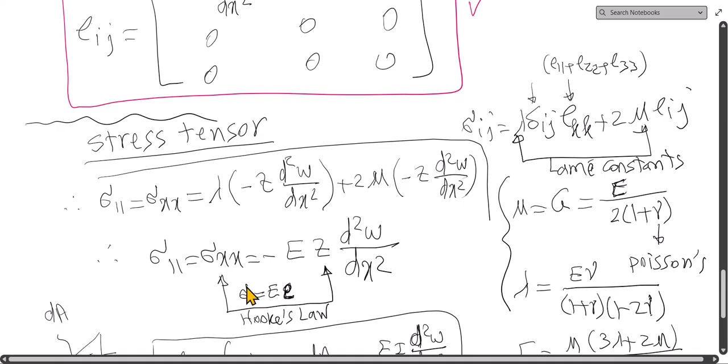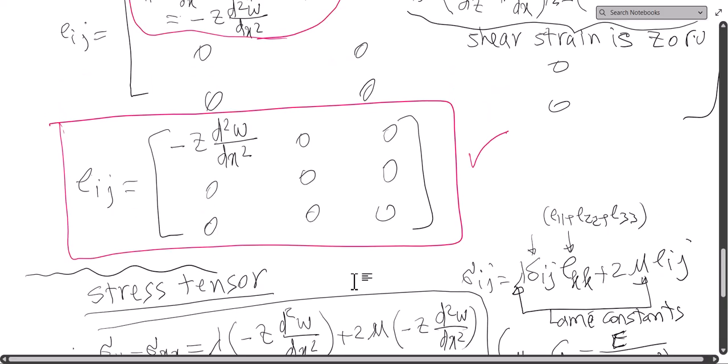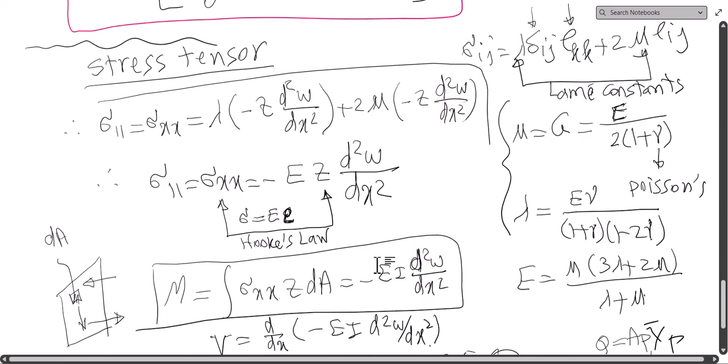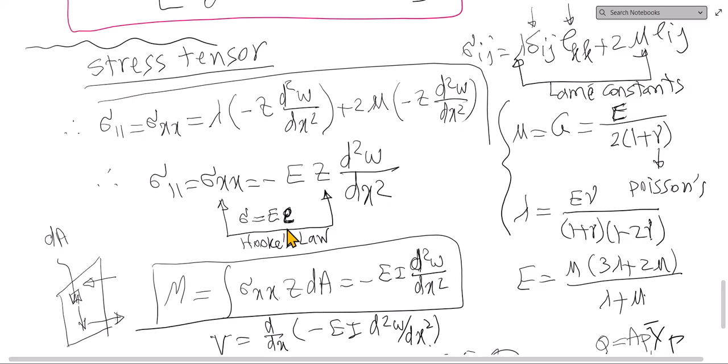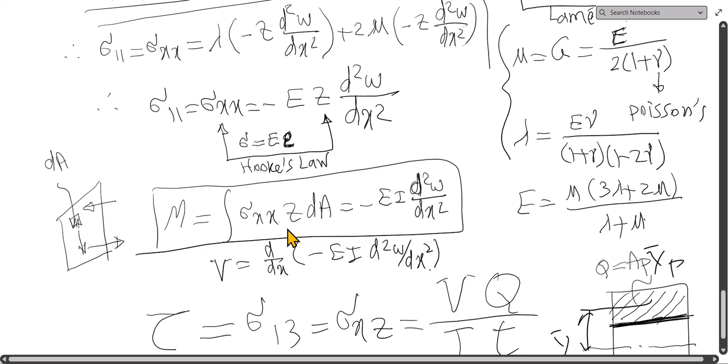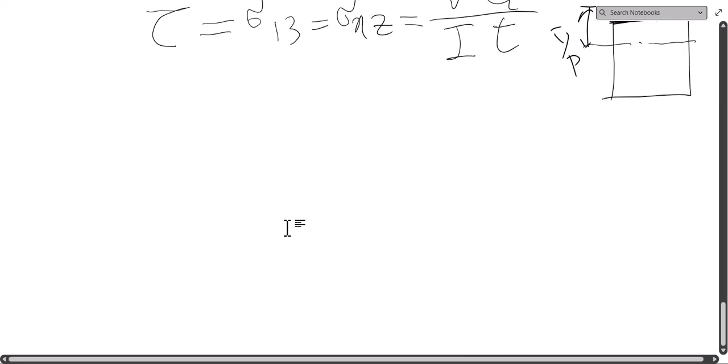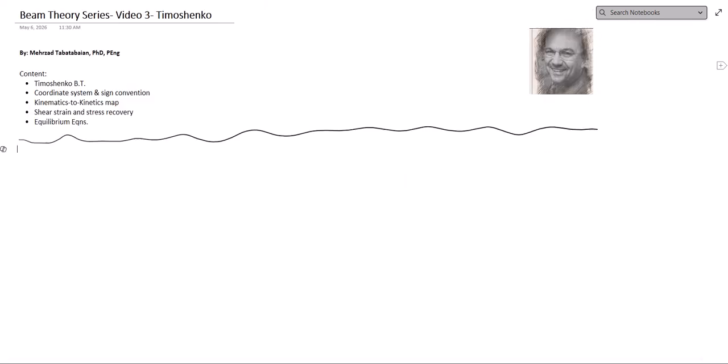I used Hooke's law in a simplified version there, and you can extend it. For this one, I ignored the Poisson ratio, and Poisson ratio gives you a very small stress in other directions that I would like to quickly mention before we move to the Timoshenko beam.